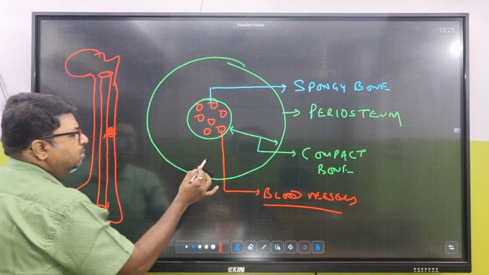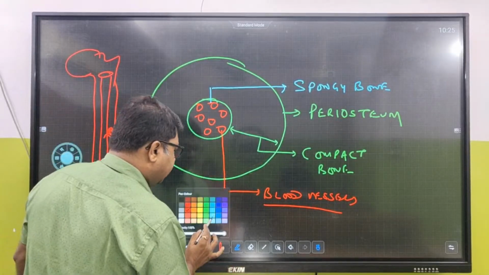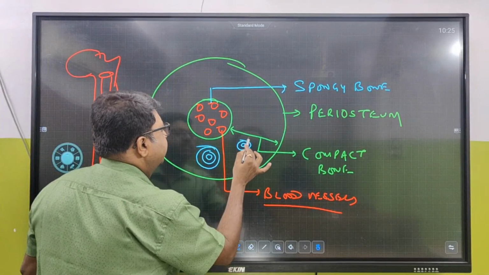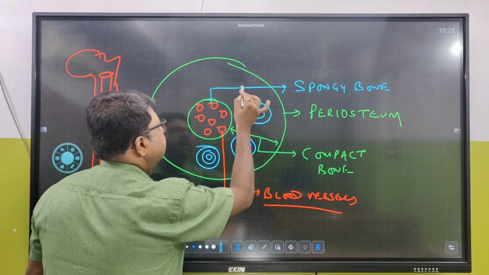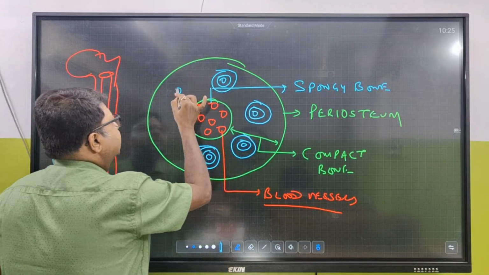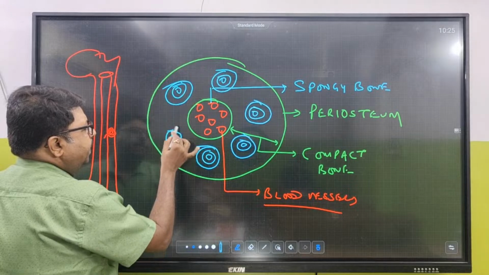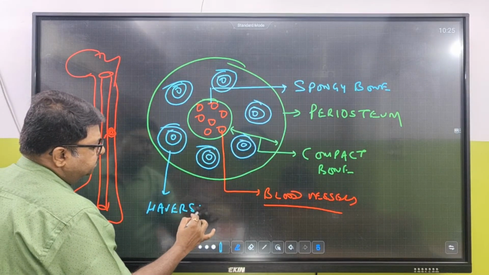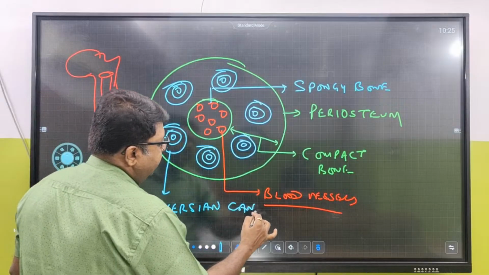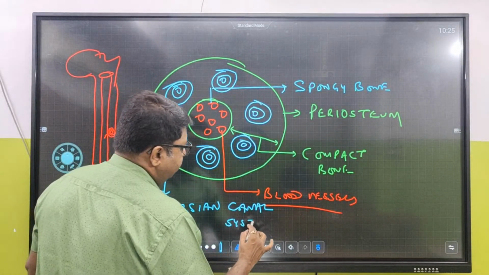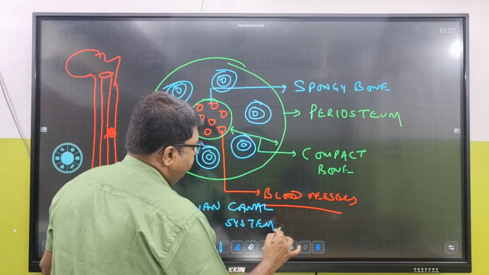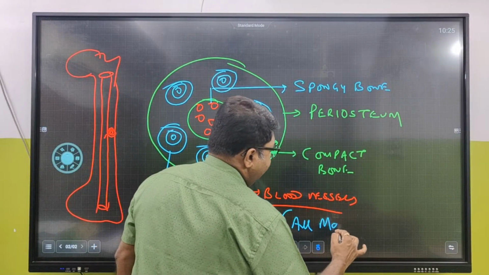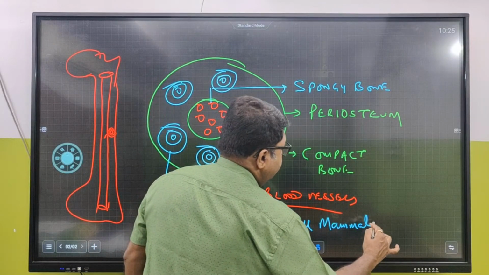In the compact bone there are some concentric circles like this, and these concentric circles are nothing but the Haversian canal system. This Haversian canal system is a unique feature of all mammalian bone.